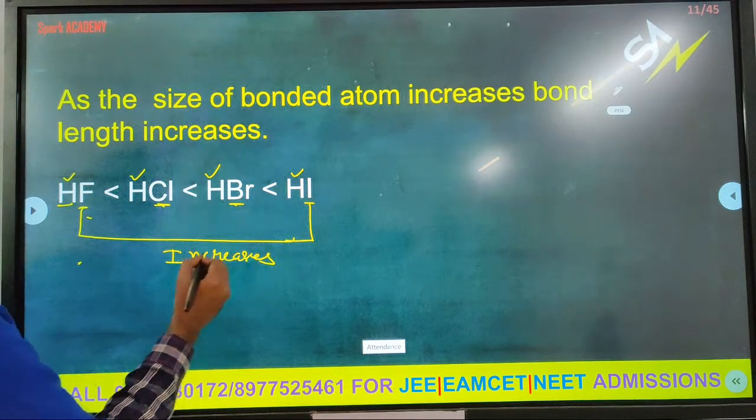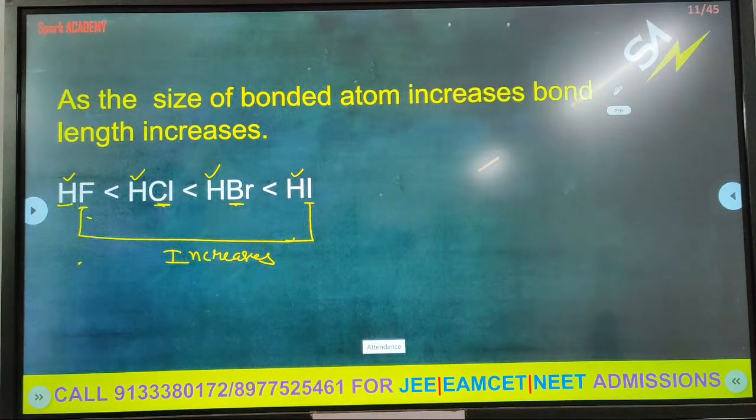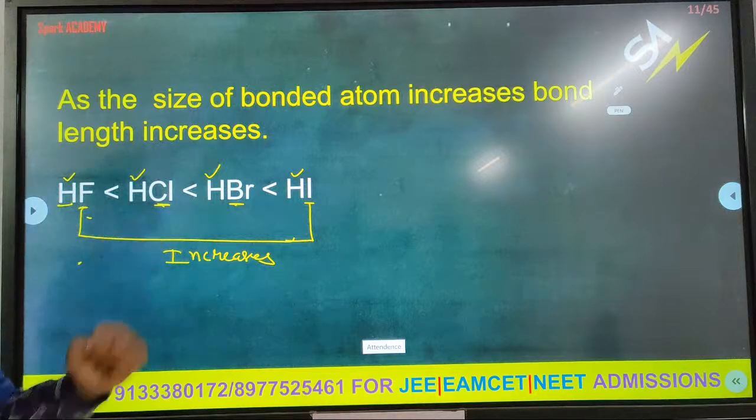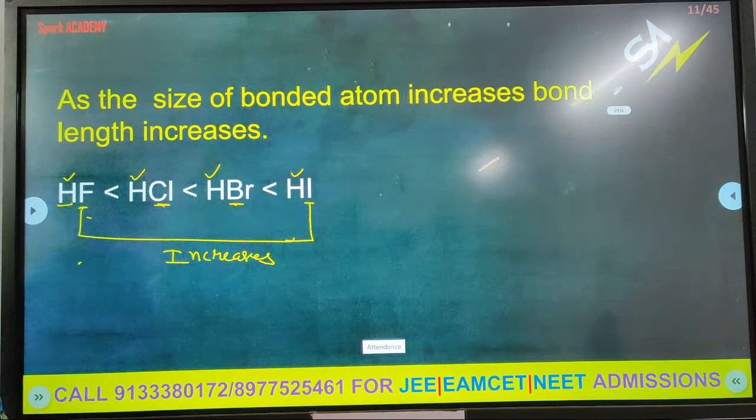Then the size increases. What about the bond length? Bond length also increases. Hydrogen fluoride is less than hydrogen chloride in bond length. Hydrogen chloride is less than hydrogen bromide. Hydrogen bromide is less than hydrogen iodide in bond length.